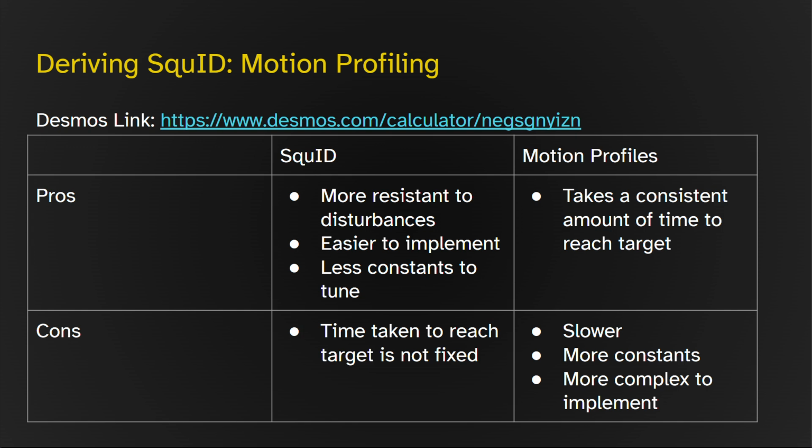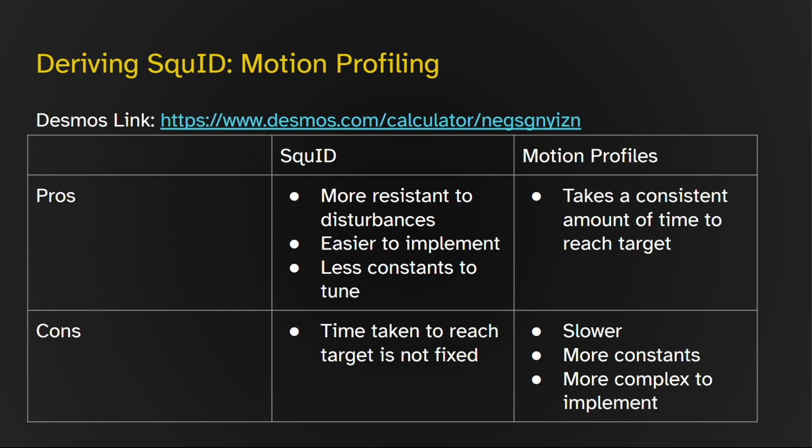SquID doesn't do that because it takes into account how far away we currently are. So if something gets stuck, like maybe the slides get caught on something, the motion profile won't know how to deal with that properly. You'd have to make another motion profile for that. But for SquID, you can just keep doing exactly the same thing, and it'll work perfectly.